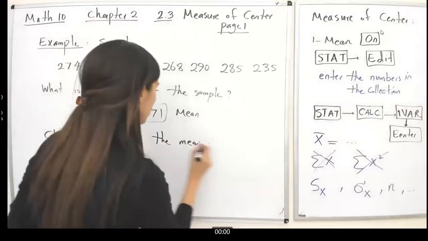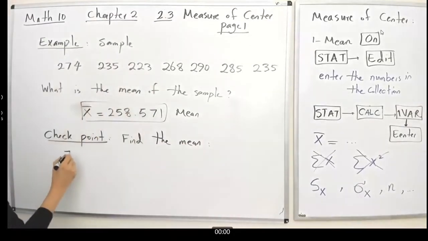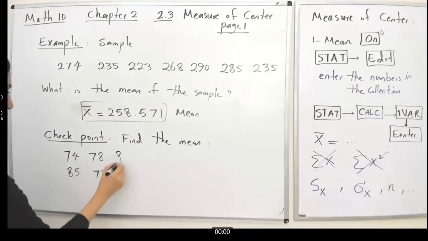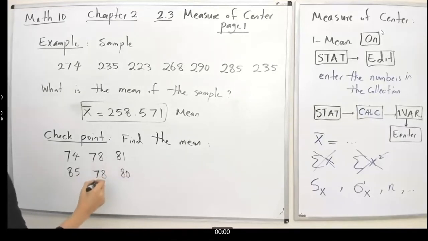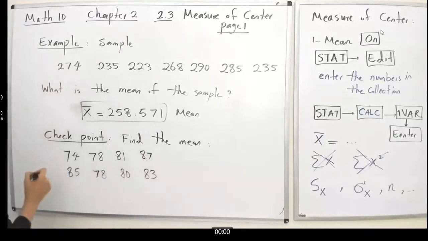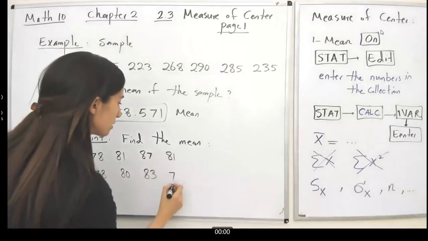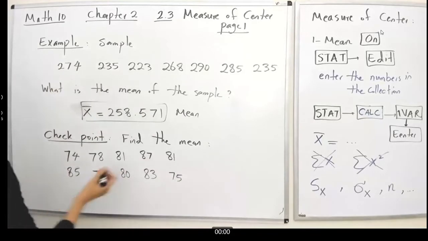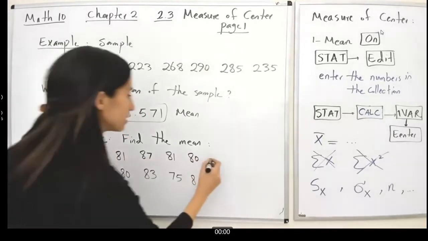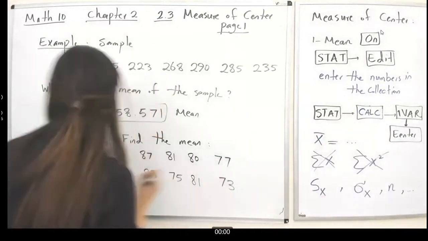of the following data. Here you have 74, 85, 78, 78 again, 81, 80, 87, 83, 81, 75, 80, 81, 77, 73.